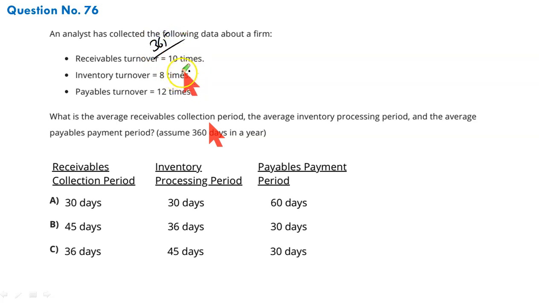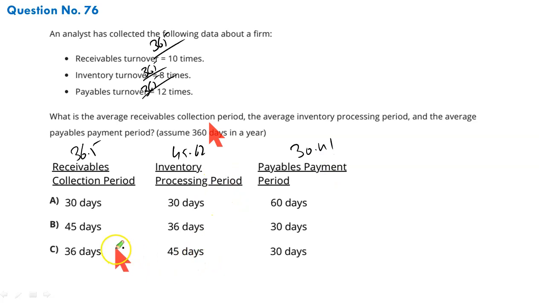365 by 10 gives you the account receivable collection period. 365 by 8 gives you the average holding period you hold on to your stock, and 365 by 12 gives you the average payment period to your supplier. So first it's going to be 36.5. Next one is going to be 45.62 days, and 365 divided by 12 gives you 30.41.